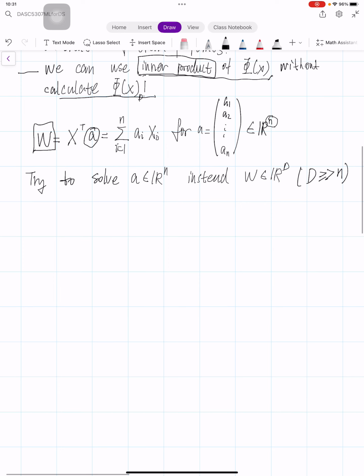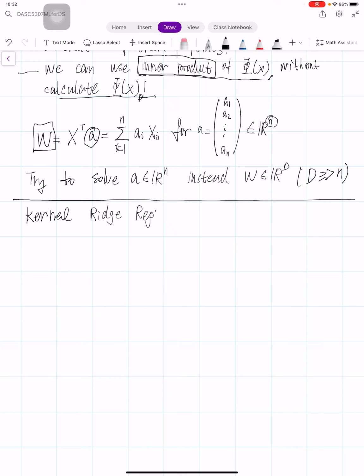First, let's see how we apply this to regression. This is the first machine learning tool. We call it kernel ridge regression. So what is kernel ridge regression?